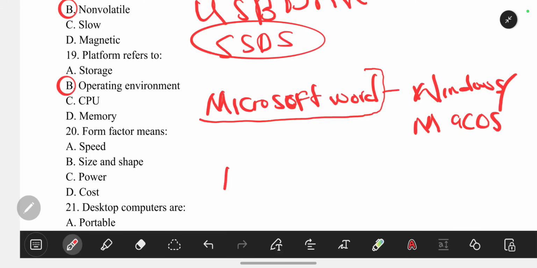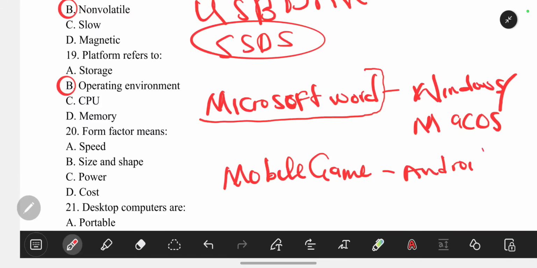Then we can also look at, let's say, a mobile game. A mobile game is just a game that you can play on the phone. These games can work on, let's say, Android, or it can work on iOS, which is the iPhone. We have a lot of examples that you might think of. So a platform is simply the operating environment on which a program can run.